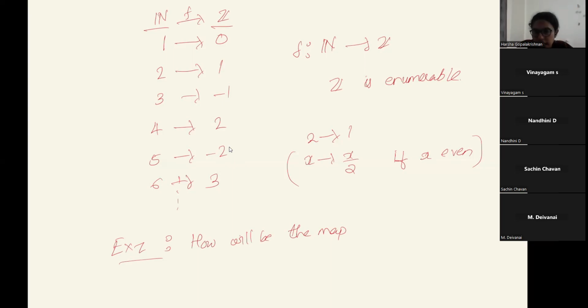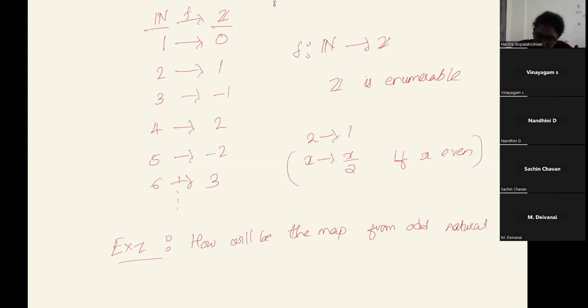That will be a bijection, and in that way you can say the set is enumerable. So how will the map from odd natural numbers be? Just try this exercise. It is not so difficult.